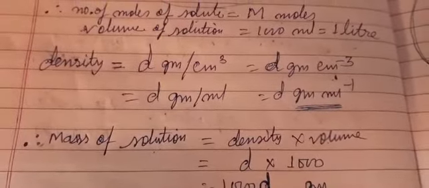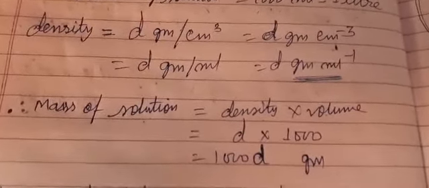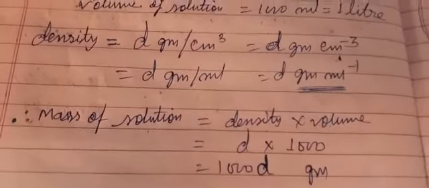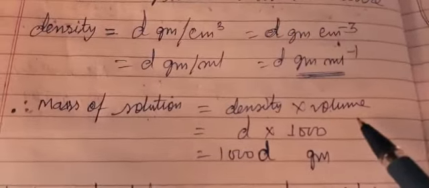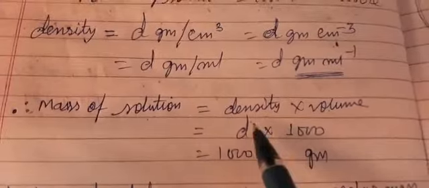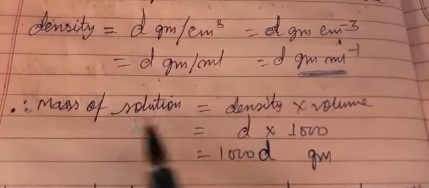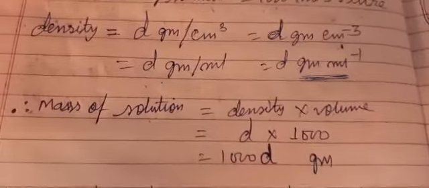A lot of mathematical problems you have solved with this formula in Class 9 and 10 in mathematics. Density equals mass by volume, so mass equals density into volume.